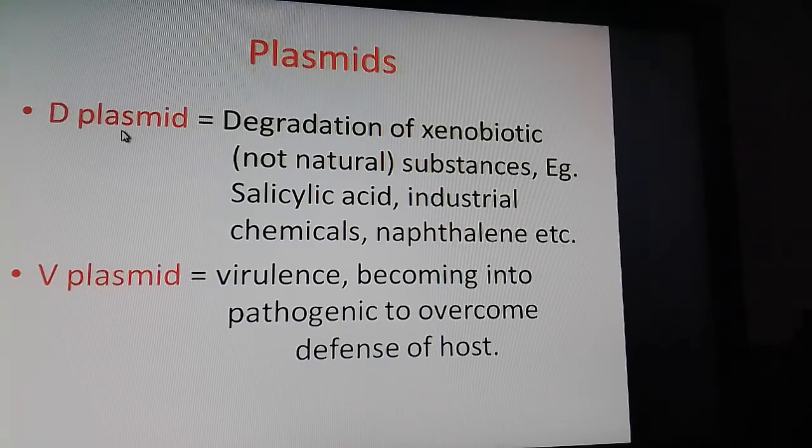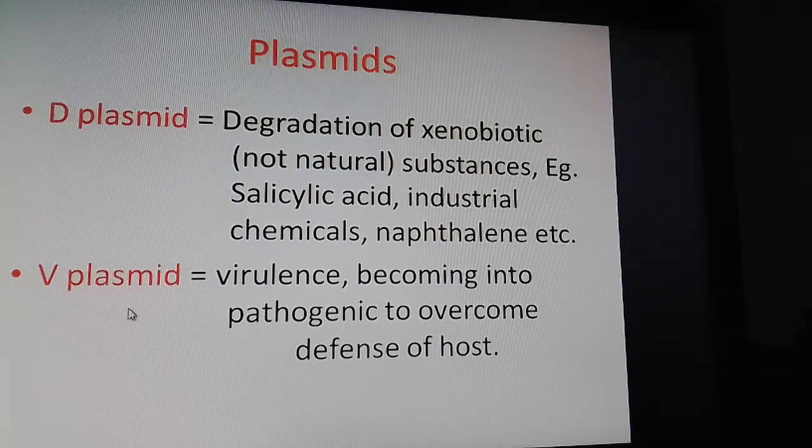So the gene of this D plasmid helps producing the substance which can degrade such toxic materials, xenobiotic materials like naphthalene, salicylic acid, toluene, xylene, that way.